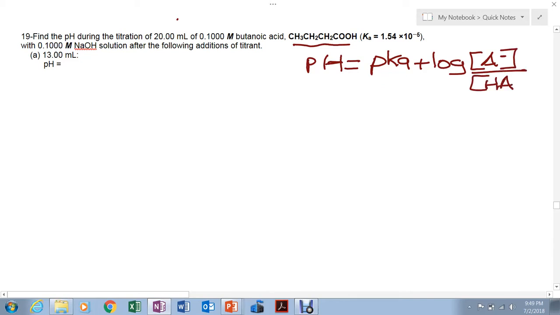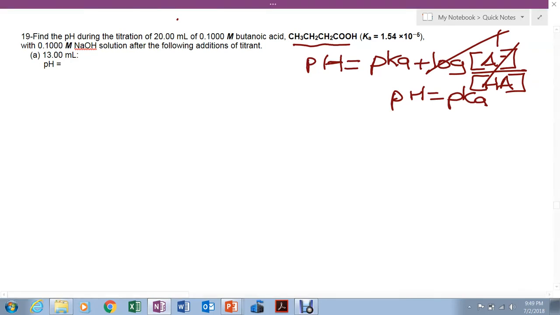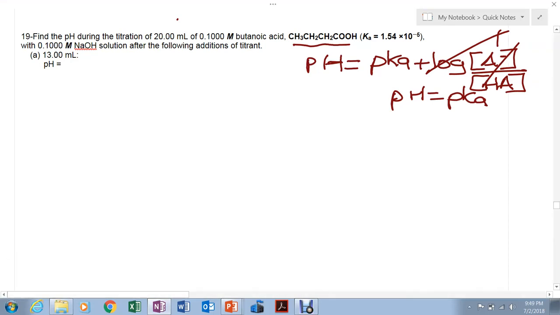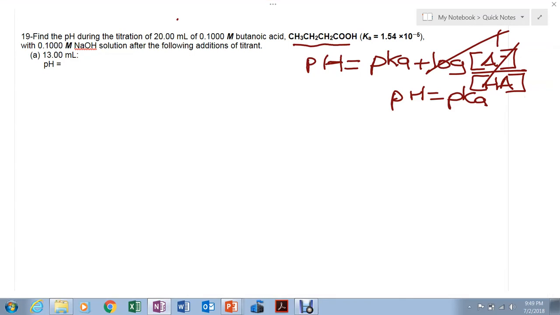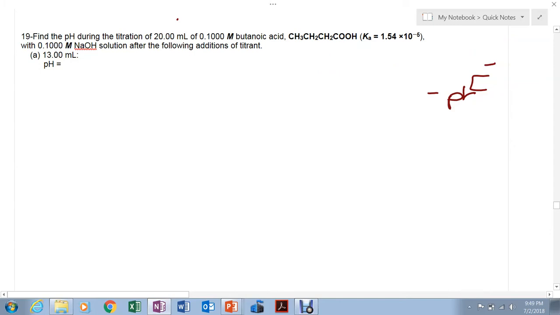If these two are equal, this gives you 1, and the log of 1 is 0, so pH is equal to the pKa. That's what I was talking about. But I don't think we're going to do it in this exercise. I just wanted to teach you that. Let's get rid of this and let's start with the titration.